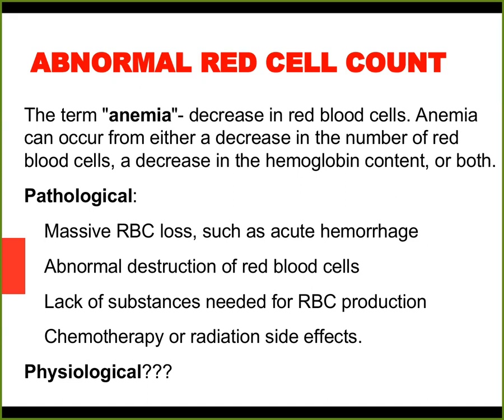Okay. Could you give me examples of physiological anemia, when a healthy person may have a decreased level of red blood cells? When pregnancy... Actually, it's not normal. Normal pregnancy may even slightly increase the level of red blood cells. During starvation.